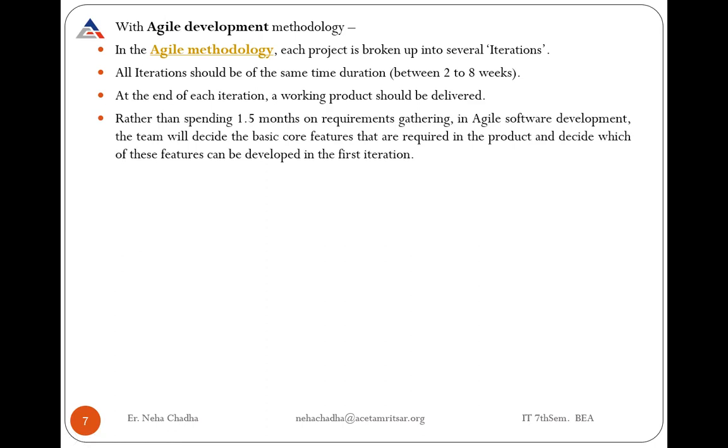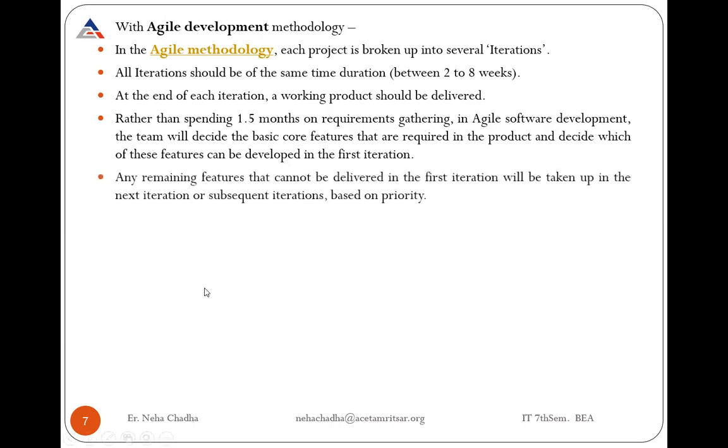It means if we spend 1.5 months just to gather requirements and then go with the design phase, in the agile methodology, we adopt the core or basic features that we can cover in 1.5 months and can deliver our final product in the market within 1.5 months. That means in waterfall, after 1.5 months only the requirement gathering will be covered. But in the agile methodology, after 1.5 months, your final product will be ready.